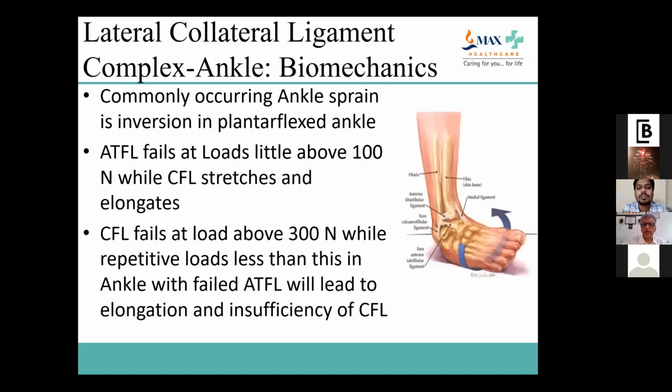The commonly occurring sprain, what we call an ankle sprain, happens in inversion in a plantar flexed ankle. As soon as the load increases to more than 100 newtons, the ATFL will tear and the CFL may get stretched and elongate, either during one episode or during repetitive episodes of such loads.